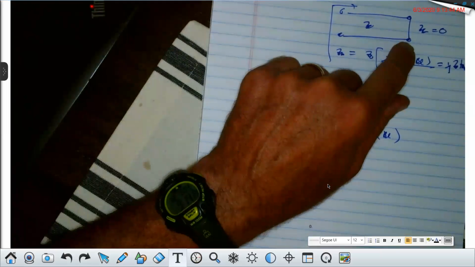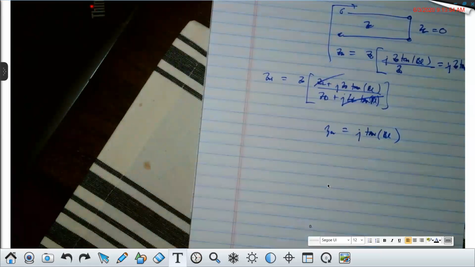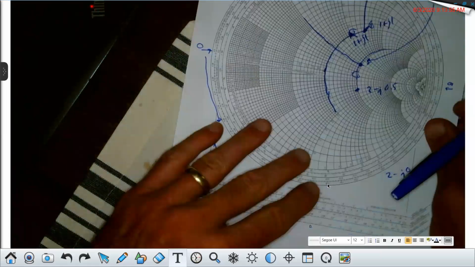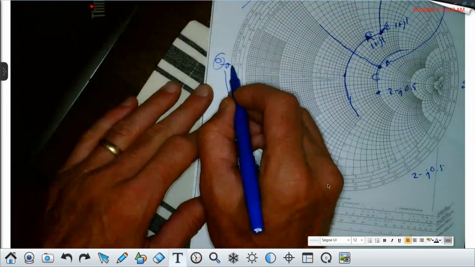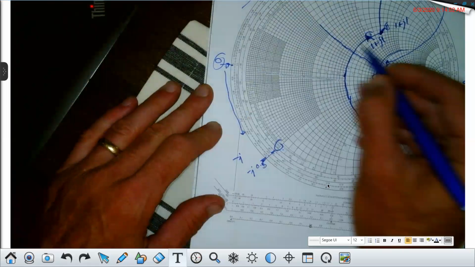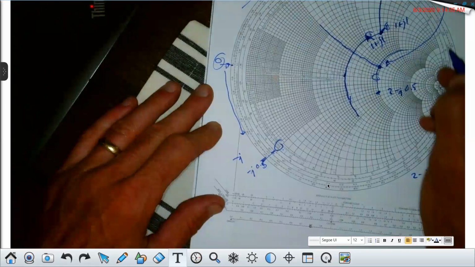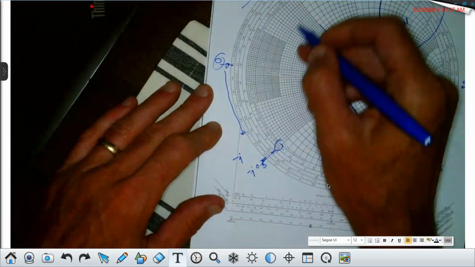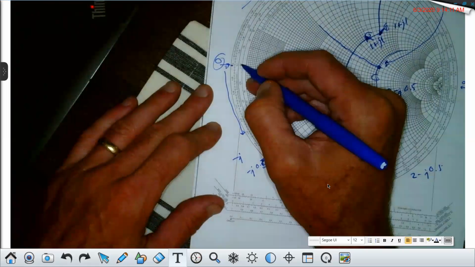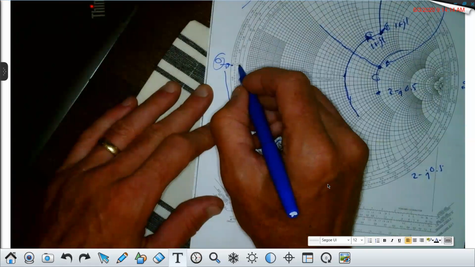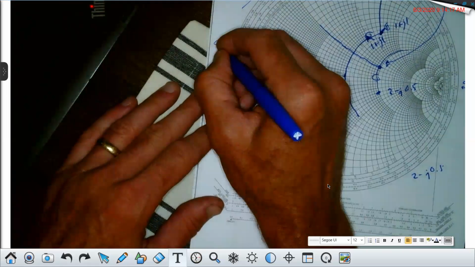If it's a short, anybody? 0, right? That's the definition of a short circuit. It's 0 ohms. So where's 0 ohms on here? It's right here. If you look at all these circles, these are R equals 1, R equals 0.5, then R equals 0.2, going down, down, down. Finally, at the outer rim, R is 0, and when I'm right here, J is 0. So that's where the short is. You can put down the impedance domain, that's a short.